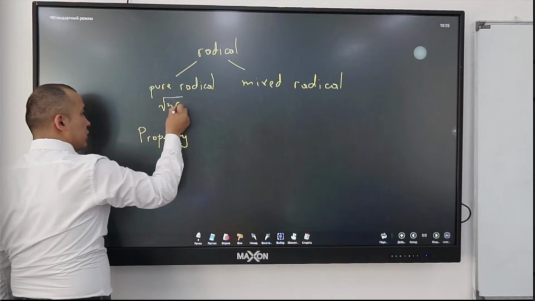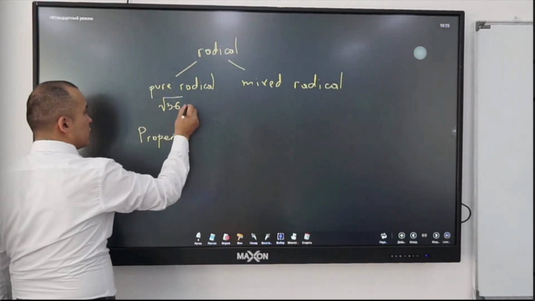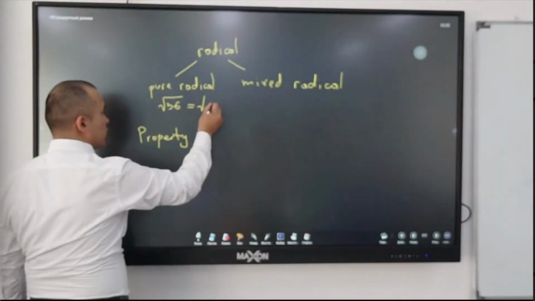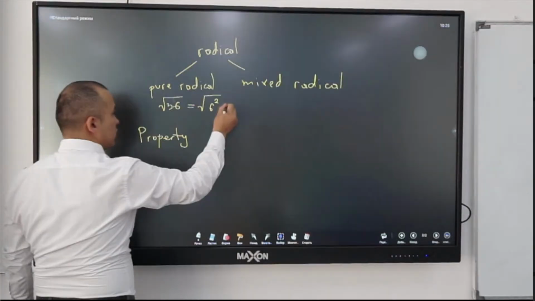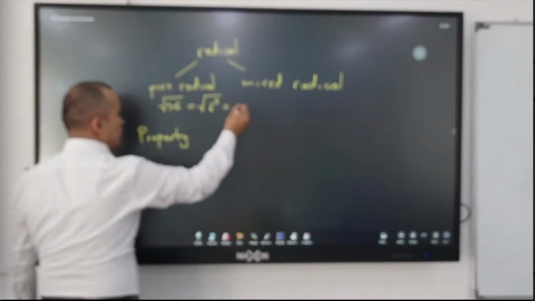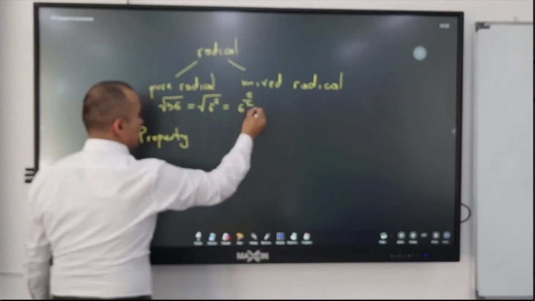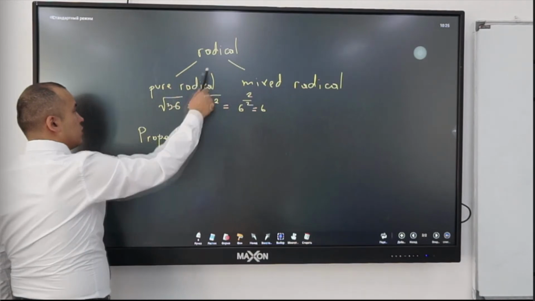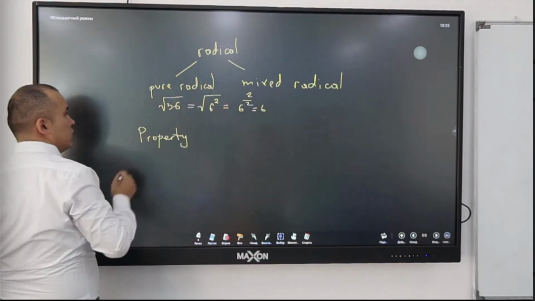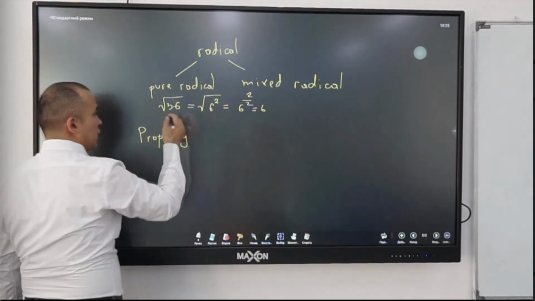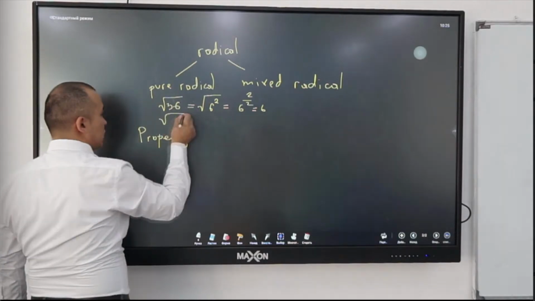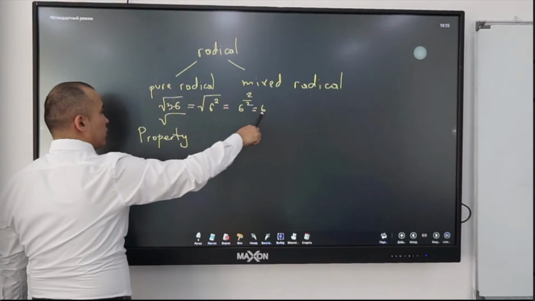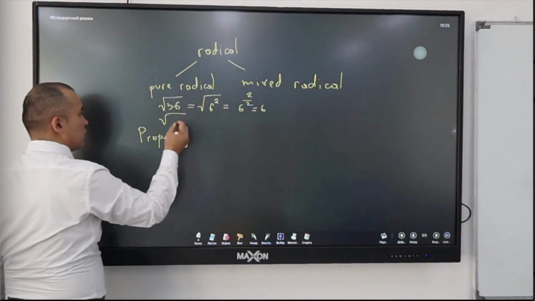For example, under root is 36. 36 will be 6 squared, and the root of 6 squared we can write like 6. What does pure radical mean? Pure radical is when the number under the root we can convert into a number.